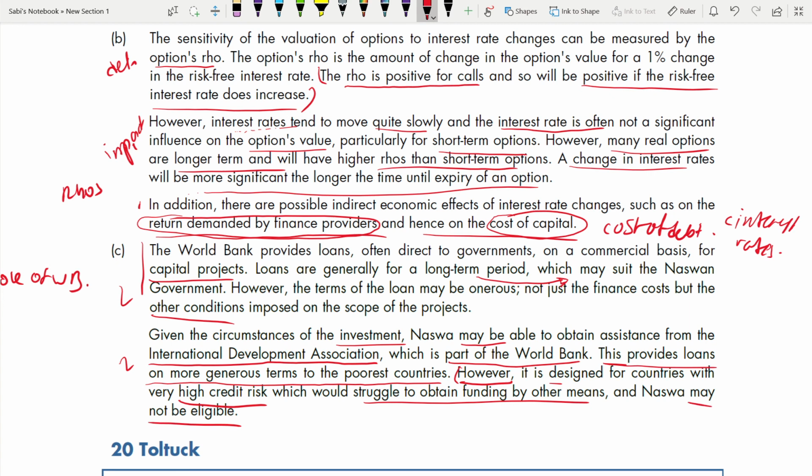May not be eligible because NASWA is not the poorest country. Based on the case study, we can see the government is promoting sustainable investment. In which poor country will the government support sustainable investment, right?